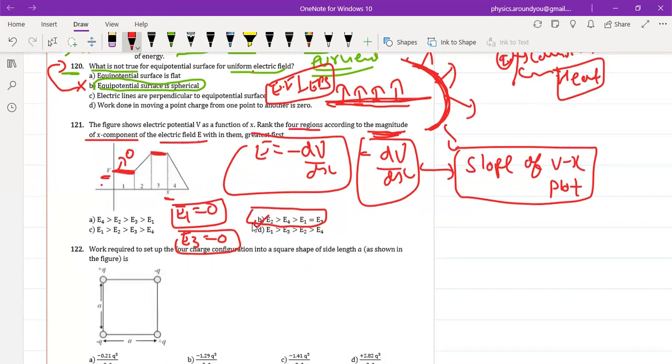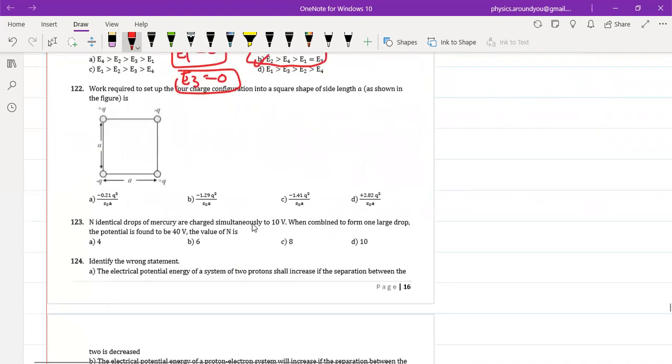Now, question number 122. In question number 122, the work required to set up the four charge configuration into a square shape of side length A is... Well, what is the work required? Work required will always be equal to the potential energy of the system.